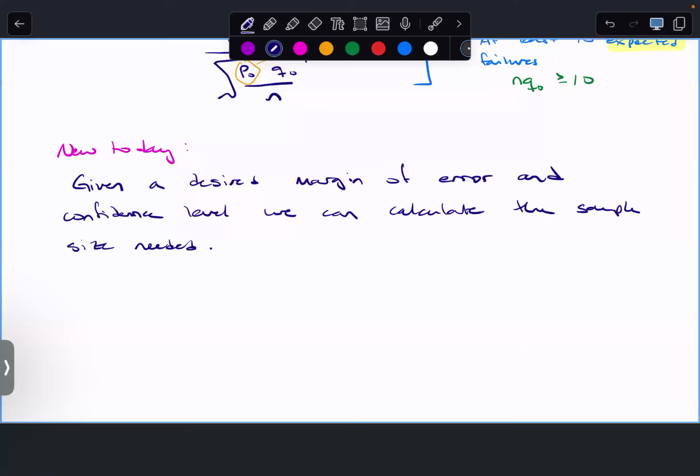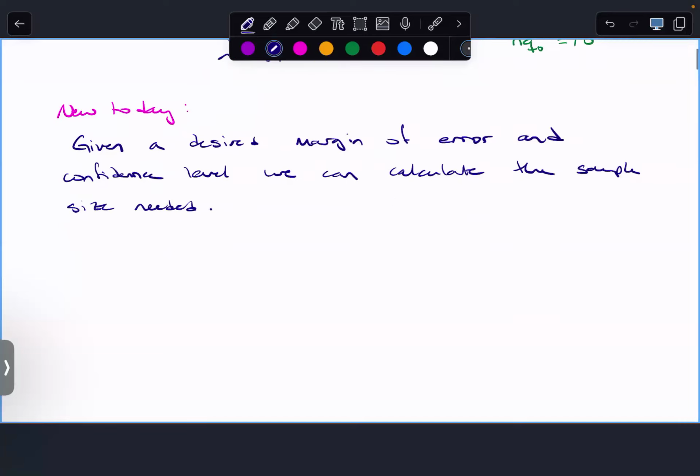In most of our scenarios, we've already collected the sample, or at least that's what we're pretending. But a lot of the time we need to first collect the data. If we're going start to finish, we would have to collect the data, and then we can analyze it. And so it's pretty common that you need to figure out what sample size you would need in order to achieve some desired margin of error and some confidence level.